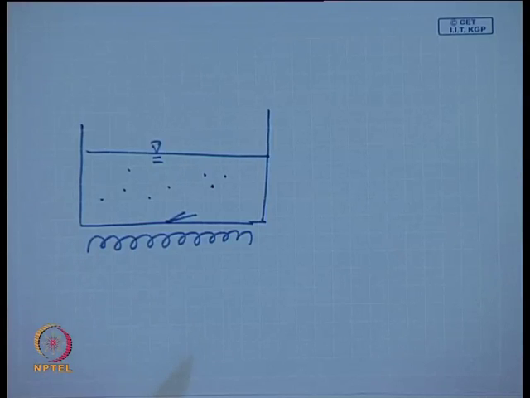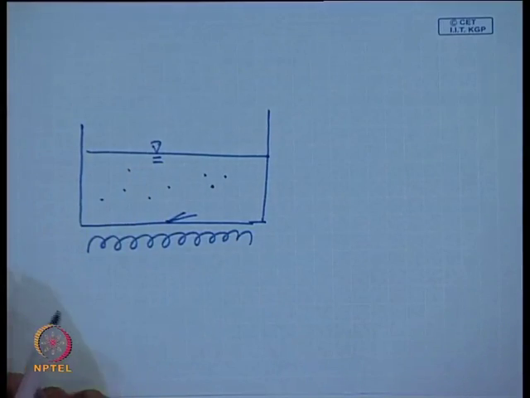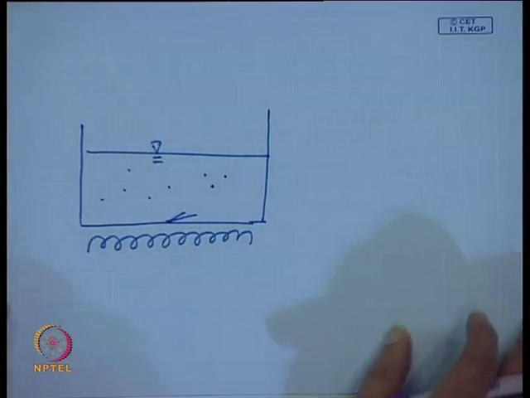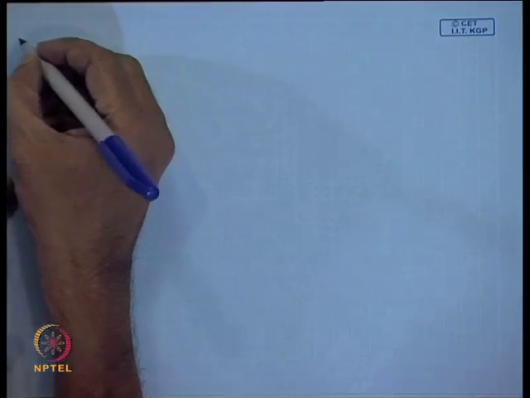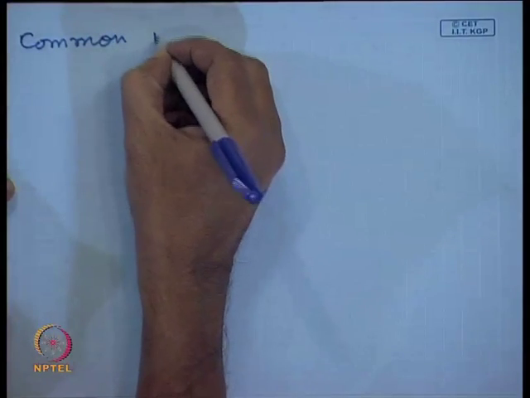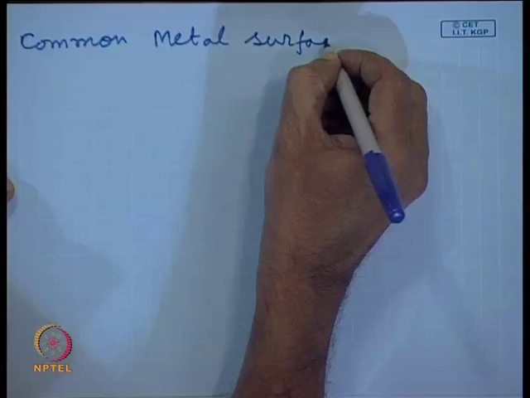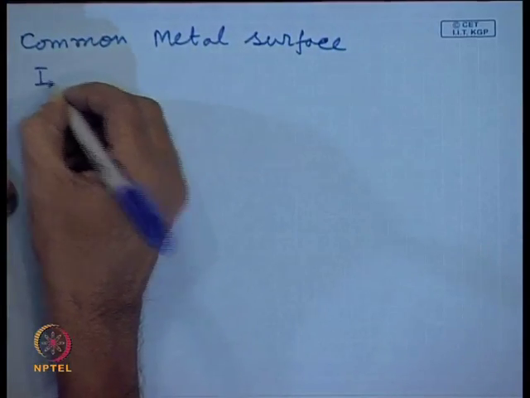And if I see the surface of the container, whatever machining process I may adopt, whatever polishing process I may adopt, the surface is not a regular surface. So, on the surface there will be surface irregularities. On a common metal surface we have irregularities.